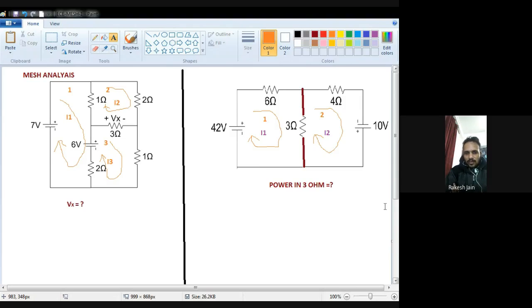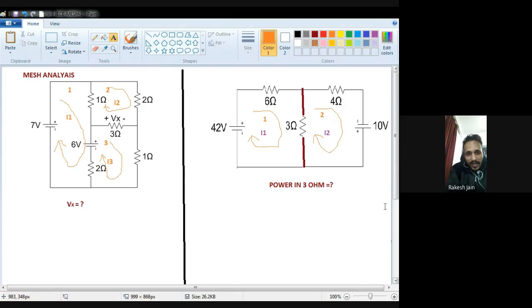Then write down that value. For example, 6 ohm resistance and I1 is my current, so 6 I1 is the voltage. Then 3 ohm is the next resistance, my current is I1. If I write down the first mesh equation, then 3 I1, denote it with plus.